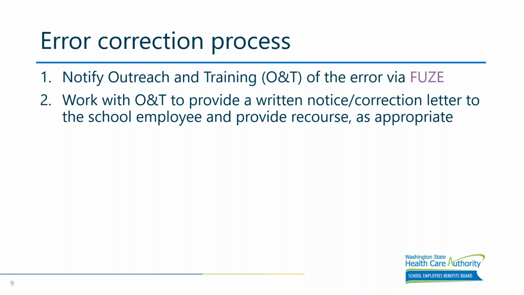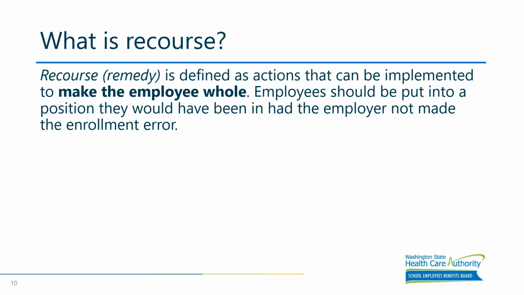So we talk about providing recourse. What is recourse? So recourse is defined as actions that can be implemented to make that employee whole again. So employees should be put into a position they would have been in had the employer not made that enrollment error. So what might be a couple of the options for recourse?